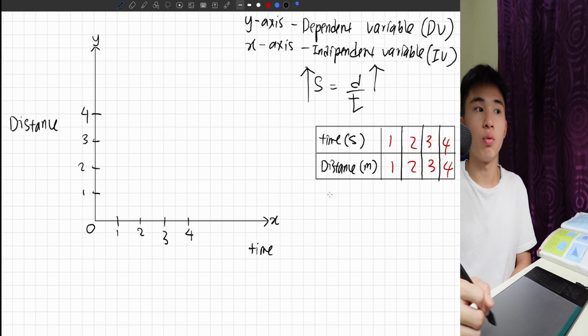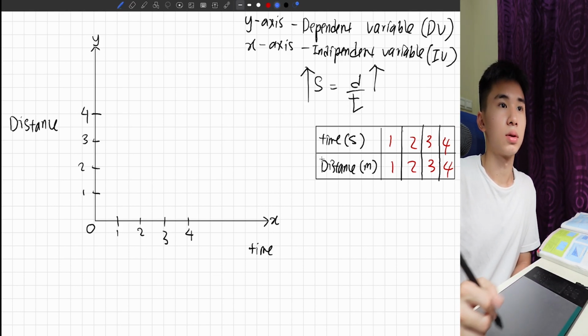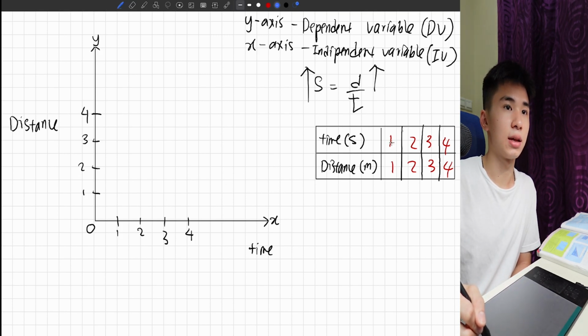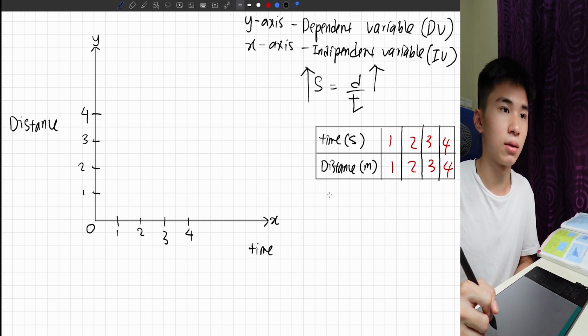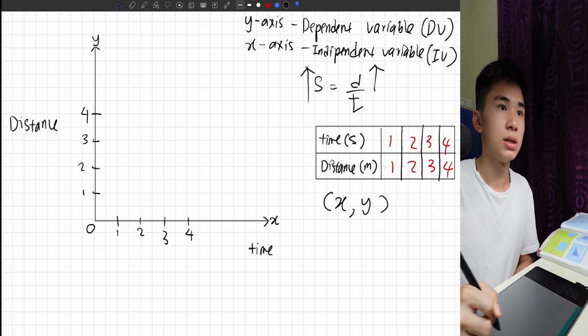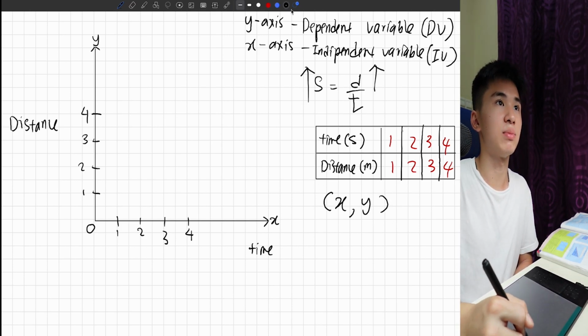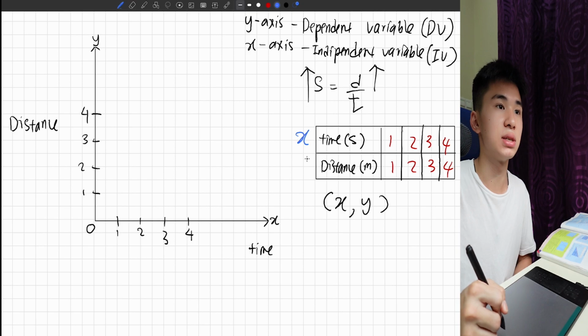So if I want to plot this in a graph, I'm going to plot it first. My time will be 1 second. And by the way, I forgot to mention that when we read a coordinate, which is x and y, in this case my time will always be my x in the x-axis, and my distance, whatever this variable is, is going to be y.